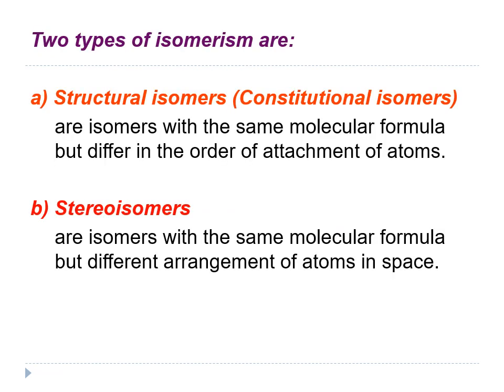Two types of isomerism are structural isomers or constitutional isomers, which are isomers with the same molecular formula but differ in the order of attachment of atoms. And stereoisomers, or isomers with the same molecular formula but different arrangement of atoms in space.